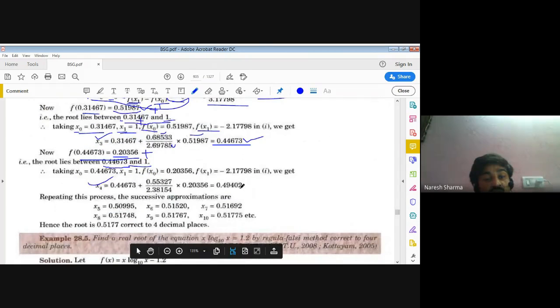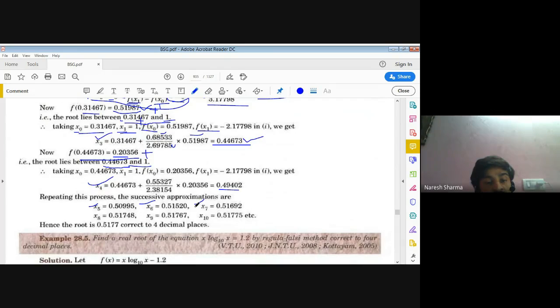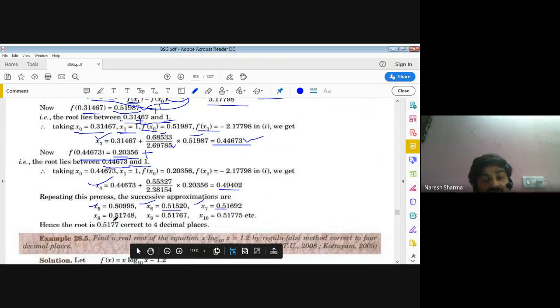Again you put this value in the function, check the sign, again calculate x5, x6, and so on up to the desired accuracy. So if you see here, at this point your two decimal places are the same. At this level, the 3rd decimal is not the same, because if you round off it is 7. At this point, if you round off it is 8.